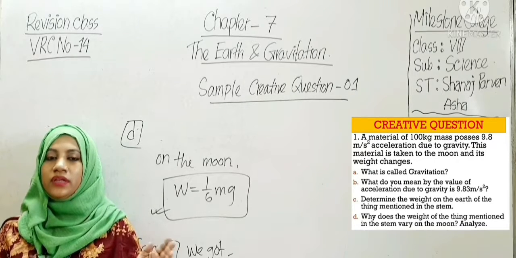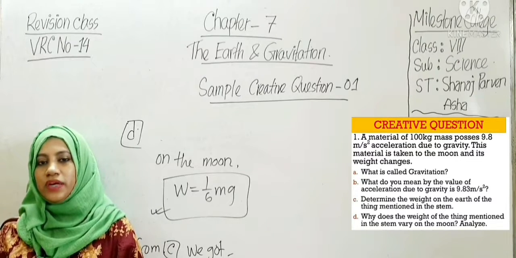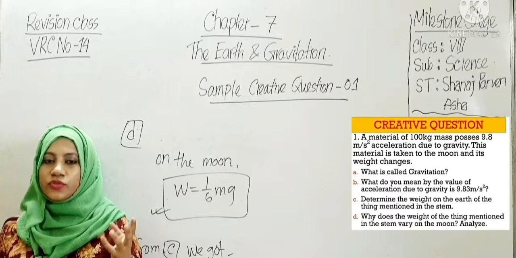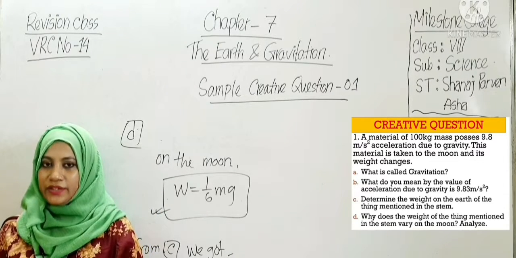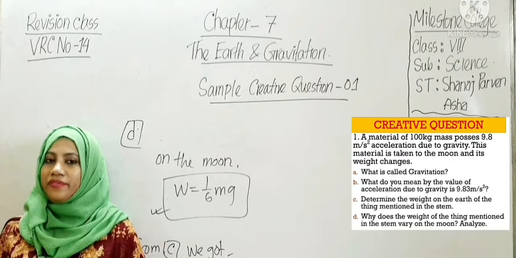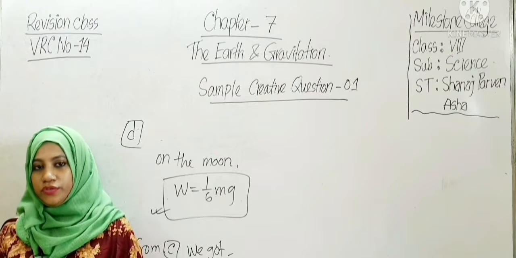That means the moon is one portion. If we divide our earth into 6 parts, one portion will be the moon. So it is very small compared to the earth. So that is why the weight of the material varies on the moon. I hope all of you understand.